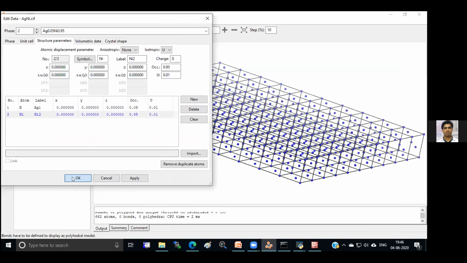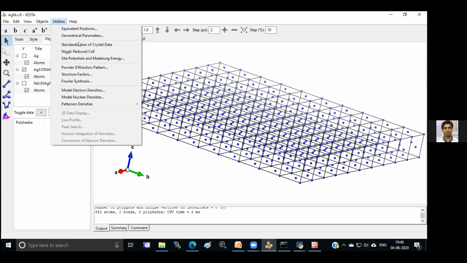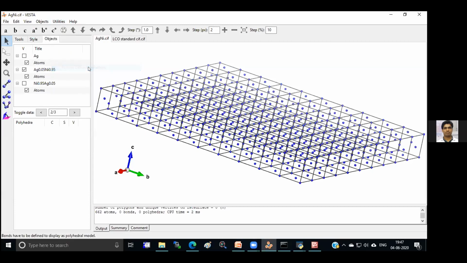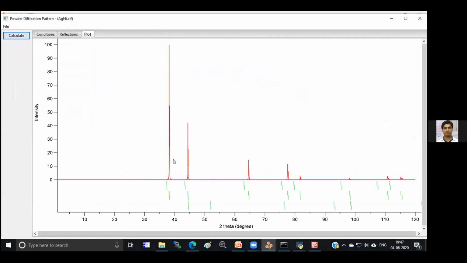From here, from the CIF file, you can also get to know about the powder diffraction pattern, because this file is incorporated and I want to know about the powder diffraction pattern. So go to the Utilities section. Then click the powder diffraction pattern and calculate it. This is the powder diffraction pattern which you can visualize.